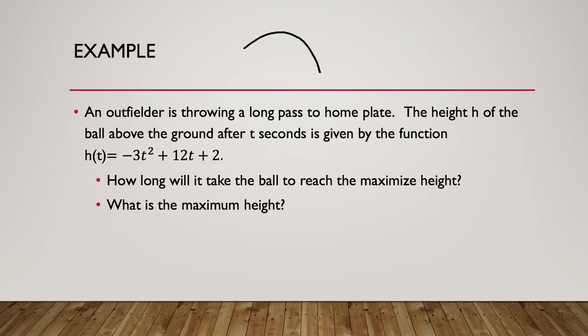And so that ball at some point is going to reach what we would consider to be a maximum height. This point at the top of the path of that ball, that maximum height, is the same thing as the vertex, which we've been looking at in this section.